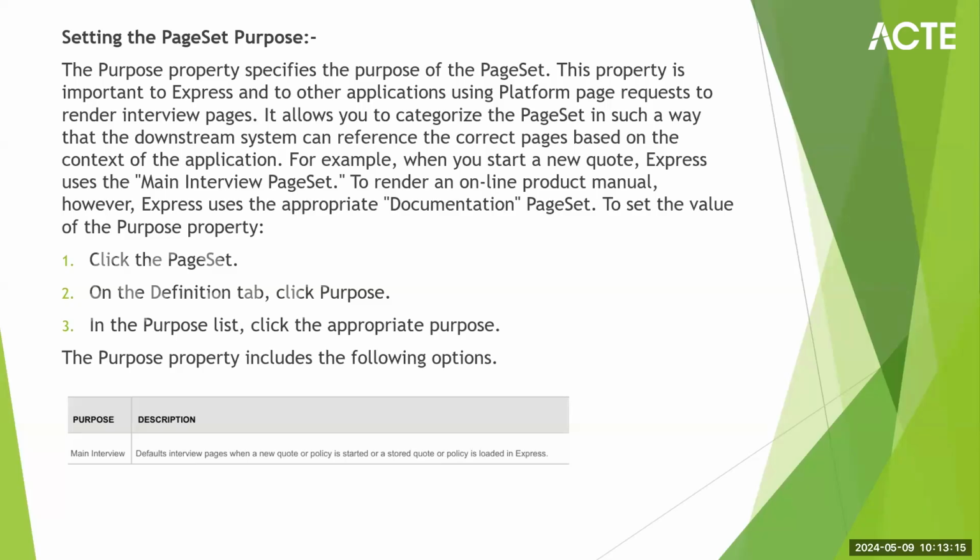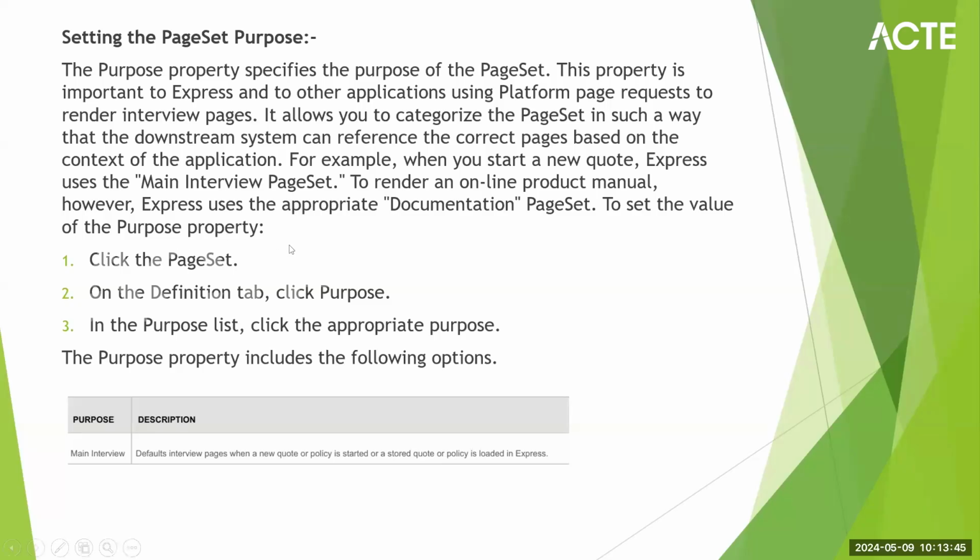To render the online product manual, however, Express uses the appropriate documentation page set. So in our manuscript, the main interview is the main parent of any pages or page sets, and in order to retrieve the data of the remaining child pages or child page sets, we use this main interview.